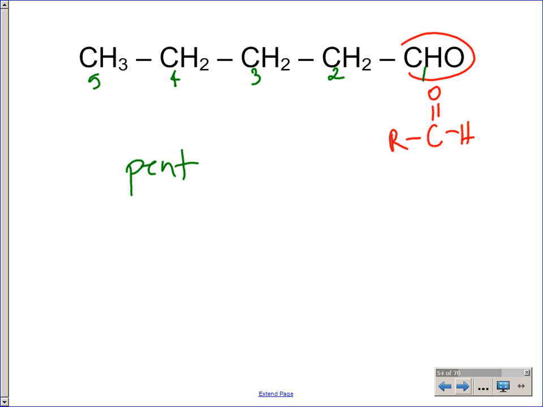And you would like to say pentane since it's all single bonded, but you know that this is not pentane because it's pentanal, with the AL ending because of the aldehyde nature of it. So beware. You see this? Don't see that as OH because it's not an alcohol. It's H with a double bonded O.